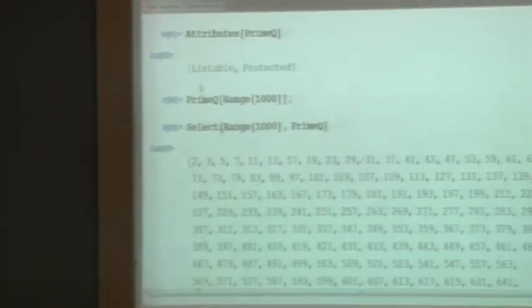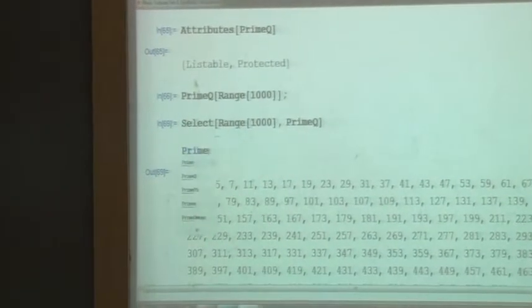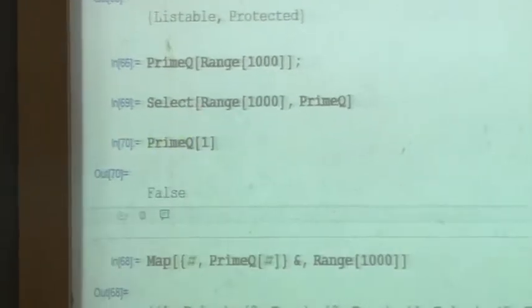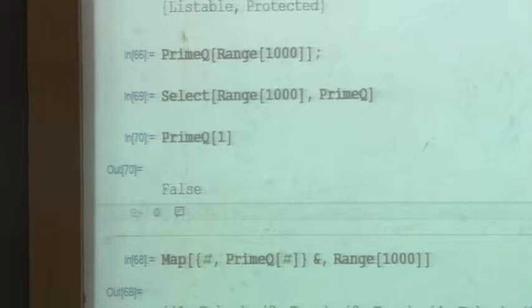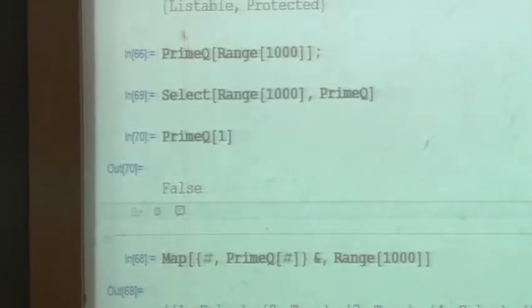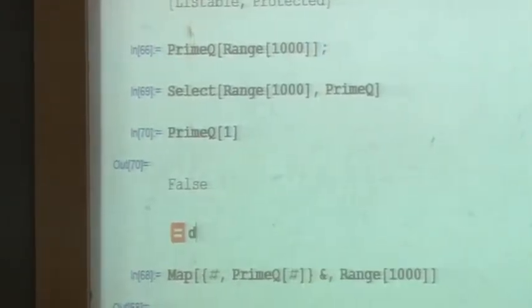Why is one not a prime number? Oh, because it's not. It's a common factor of all of them. If I ask PrimeQ[1], it's false. Divide by itself, yeah, okay. That's an interesting point, right?